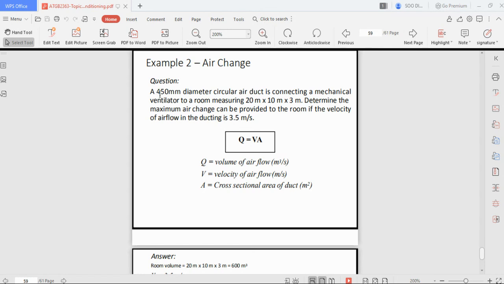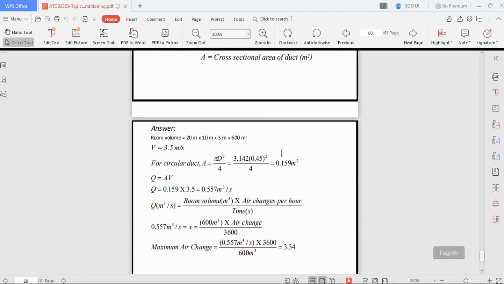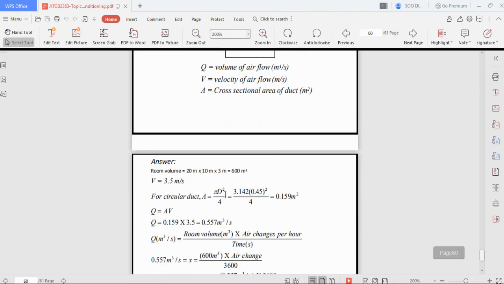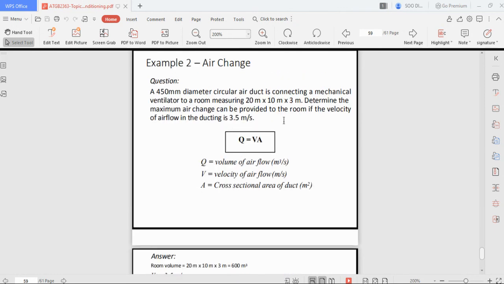Here, it's asking you what is the maximum air change that can be provided if the velocity of airflow in the ducting is 3.5 meter per second. So you have Q, V, and A, the same formula. So you know that your room, this is in meter, you do not have to change it.